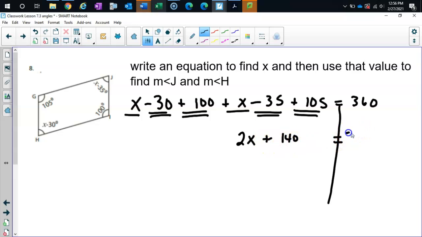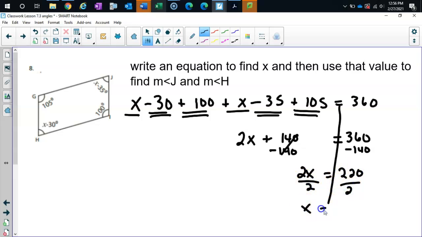So plus 140 equals 360. Solve this. Subtract 140 from both sides. So 2x equals 220. Divide both sides by 2. And we get x is 110.